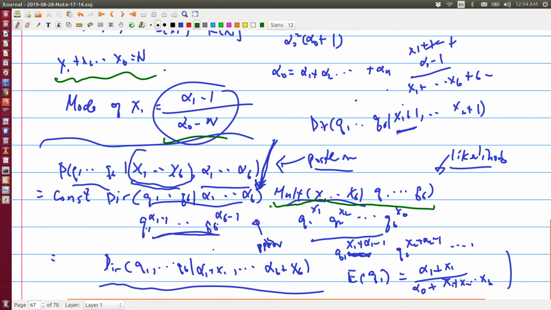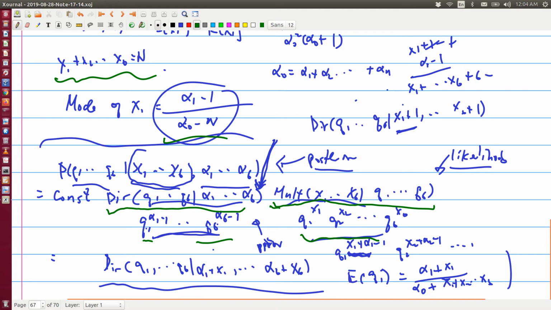So this is the likelihood, and the conjugate prior, as we just mentioned, is a Dirichlet distribution. Let's say we have some hyperparameters alpha 1 up to alpha 6. The Dirichlet has this form, q1 to the alpha 1 minus 1 up to q6 to the alpha 6 minus 1. And the multinomial has a form like this. Multiplying these two is extremely simple, right?